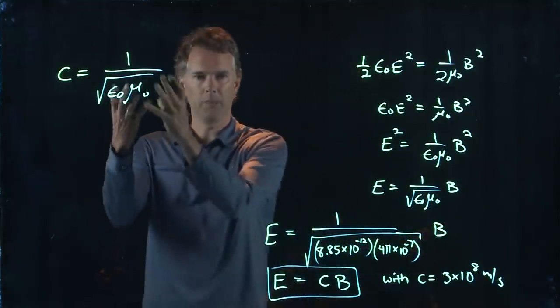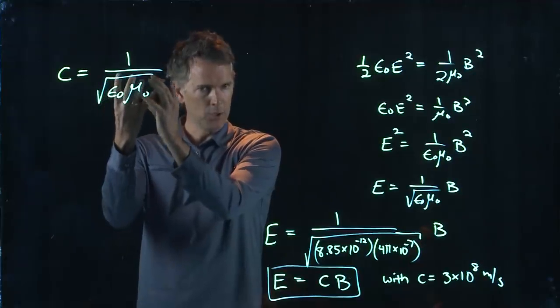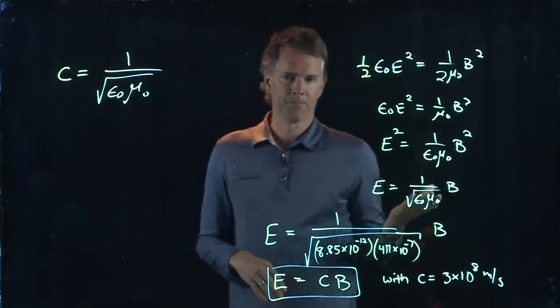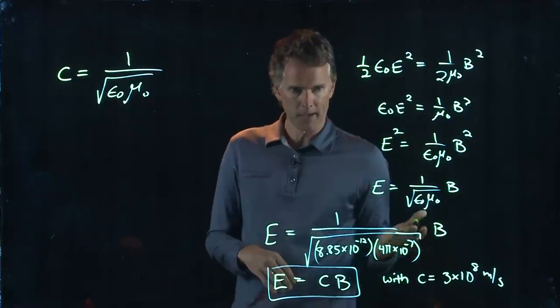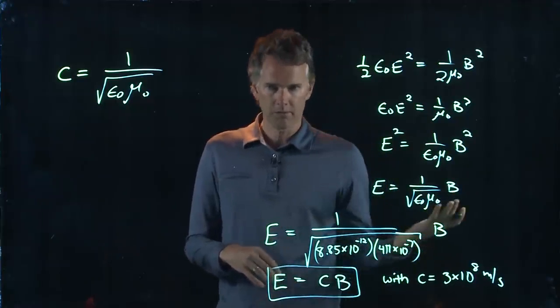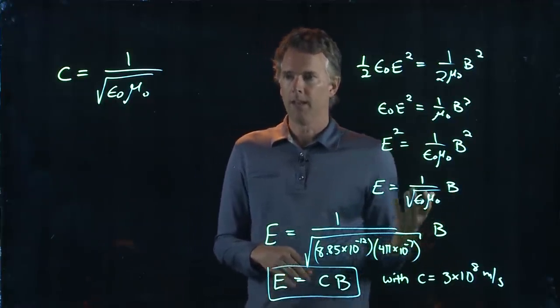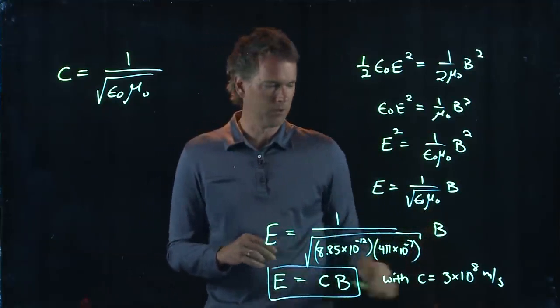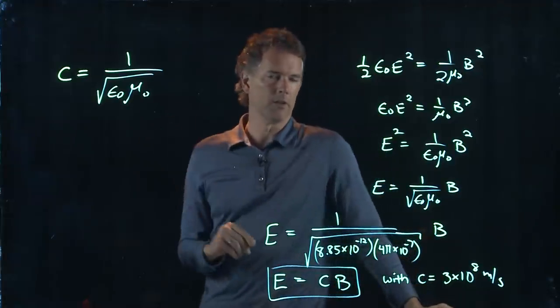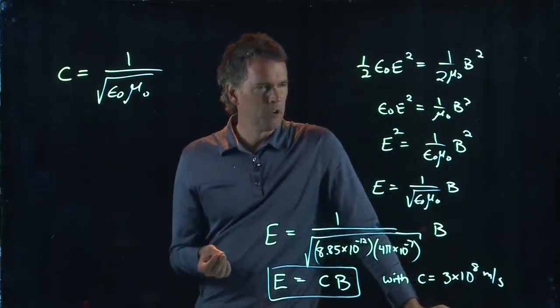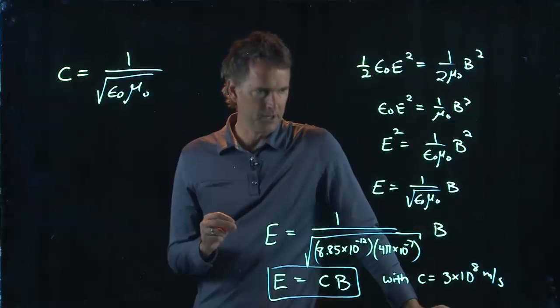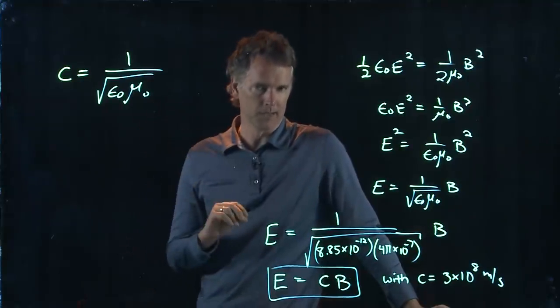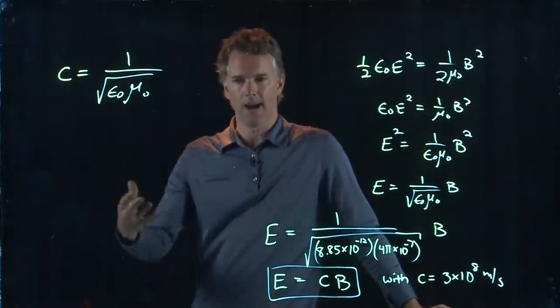And suddenly you put them together in this special way and you get the speed of light. You get how fast electromagnetic waves travel across the universe. And this is the beauty of Maxwell's equations and Maxwell's derivation of this problem. Before Maxwell, nobody really knew definitively that light was electromagnetic waves. And it was only after Maxwell that we knew that.